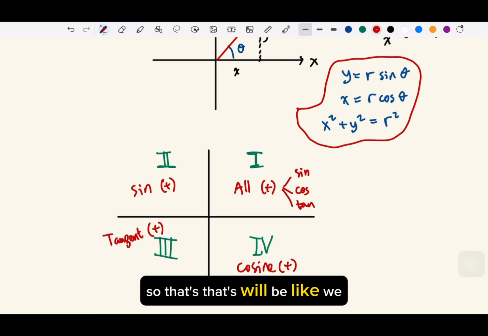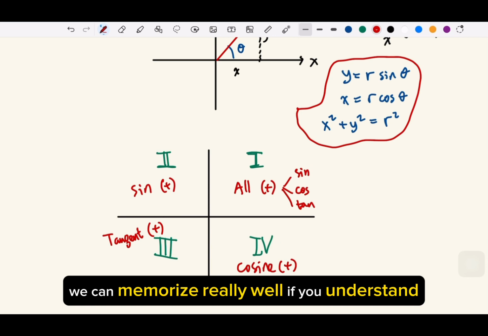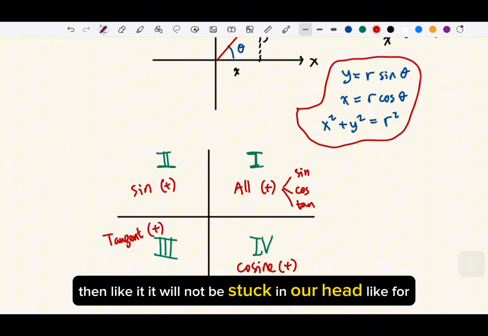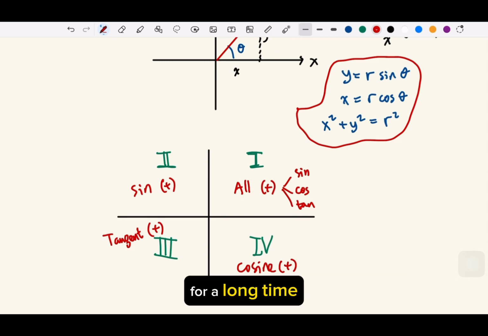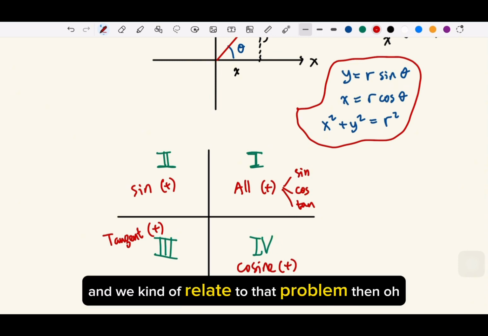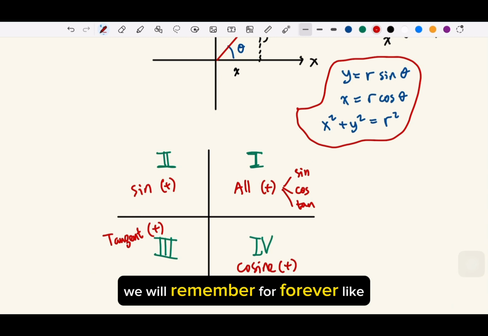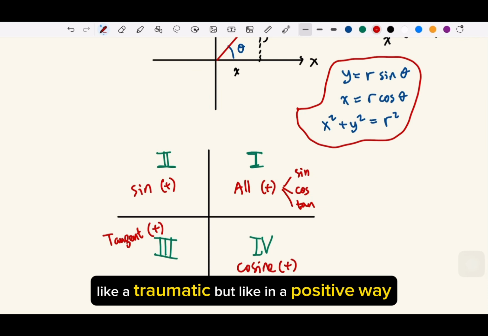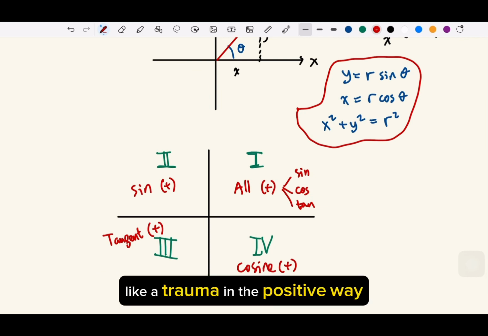We can remember really well if we understand. If we blindly memorize, sometimes if we forget, it will not stay in our head for a long time. But if we know how and relate to that problem, then we will remember forever, like a trauma, but in a positive way.